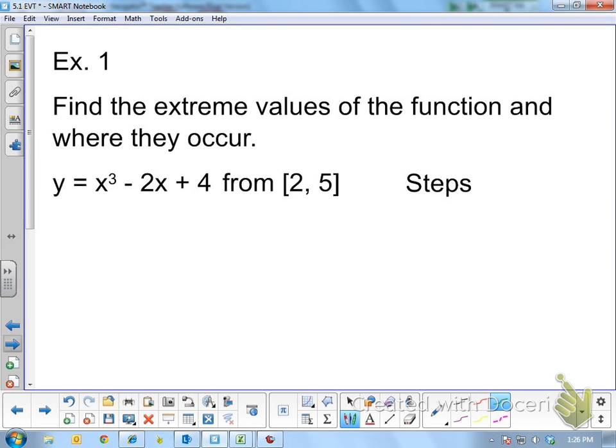It might say find max or min, it might say find relative extrema, it could say find absolute extrema. In this case, since we're on a closed interval, it would have to be absolute extrema, not local. We're guaranteed an absolute maximum and an absolute minimum.